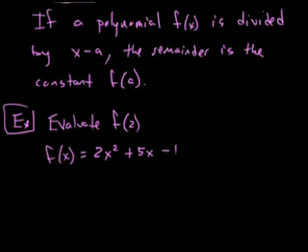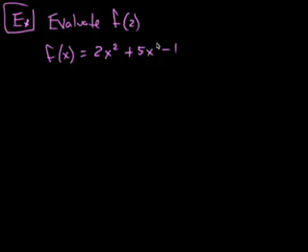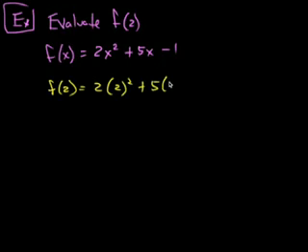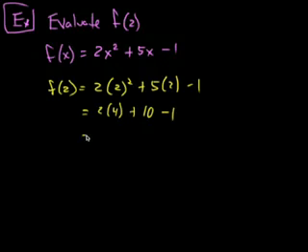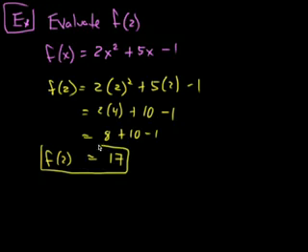One of the ways I could evaluate f of 2 is just plug 2 in for all of the x's. So f of 2 is equal to 2 times 2 squared plus 5 times 2 minus 1, and then just PEMDAS my way through this. 2 squared is 4, 5 times 2 is 10, 8 plus 10 minus 1, that's 18 minus 1 is 17. So f of 2 is 17.